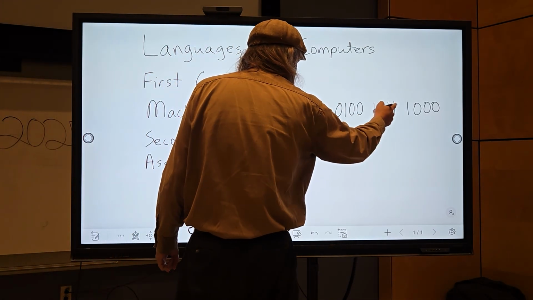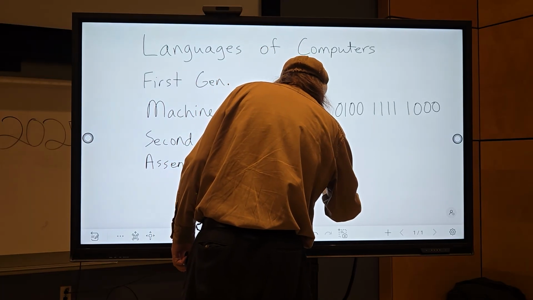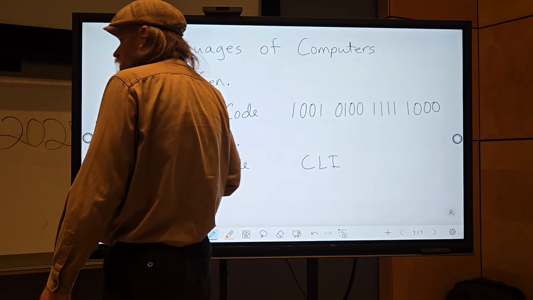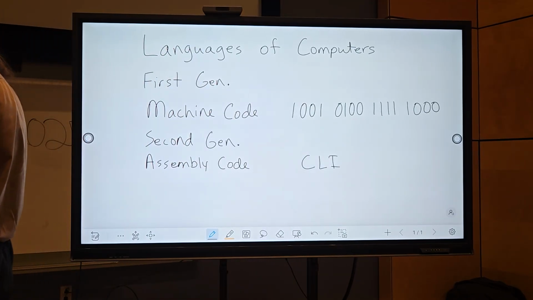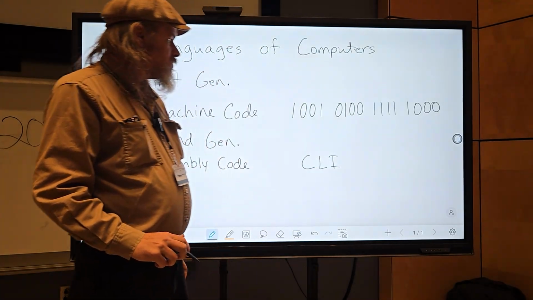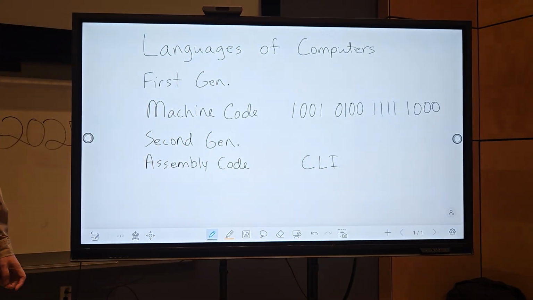This translates in assembly code to CLI. Most assembly code instructions are a few letters long, not full words, just abbreviations. This is clearing the I bit, or clearing the interrupt enable bit.